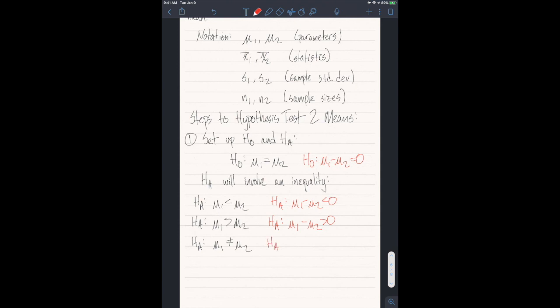And HA, mu1 minus mu2 is just not equal to 0. So StatCrunch likes having everything on one side. It's not a big deal because the signs, they don't flip or anything. You still are going to choose from a drop-down menu, less than, greater than, or not equal to. So it's not a big deal.